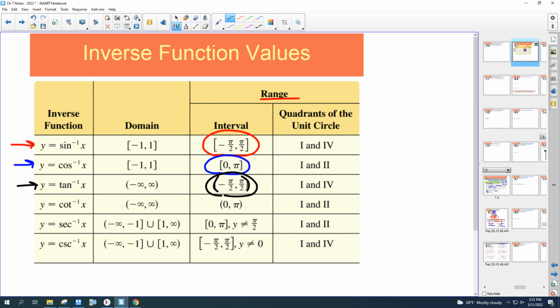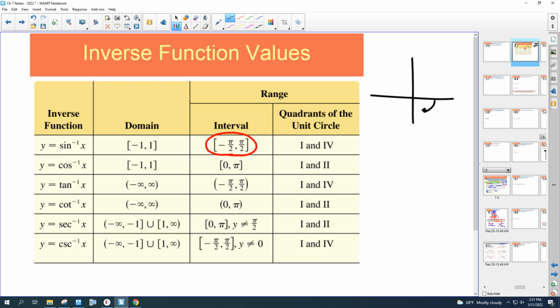Now, what's really weird and probably more useful is we want to be concerned about the quadrants over here, okay? So notice, where are we at here? If I look at inverse sine, it's defined from negative pi over 2 to positive pi over 2. So think about this.